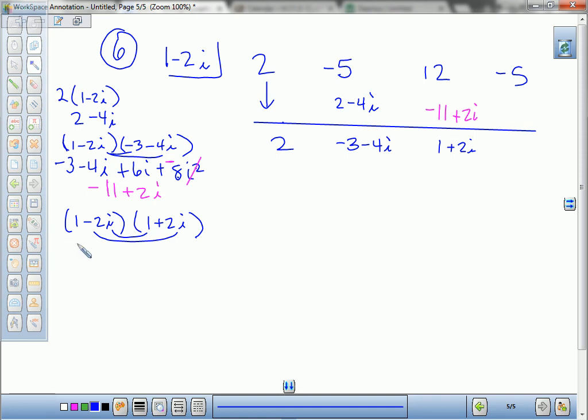What happens with a negative 2i and a positive 2i? It cancels. So all I have to do is the first one and the last one. And this makes a plus. So what is 1 plus 4? 5. Ding, ding, ding. We have a winner.